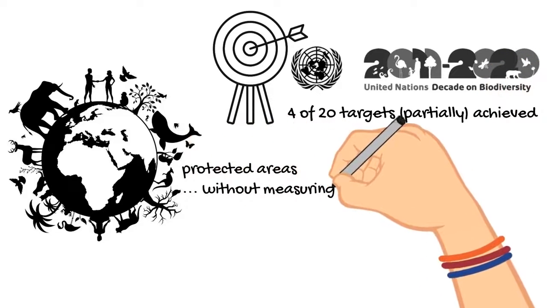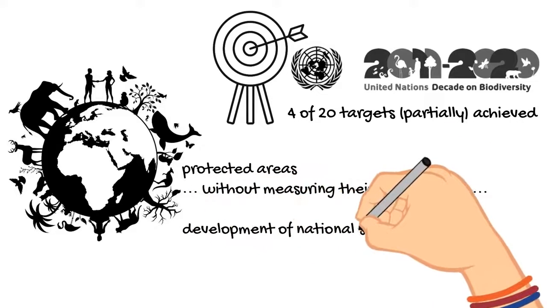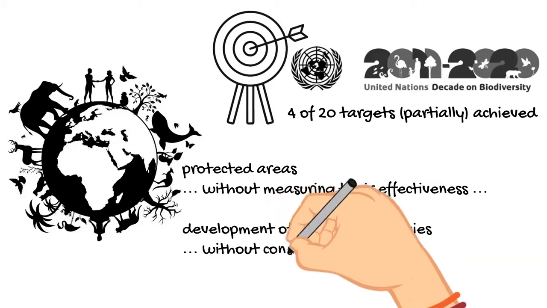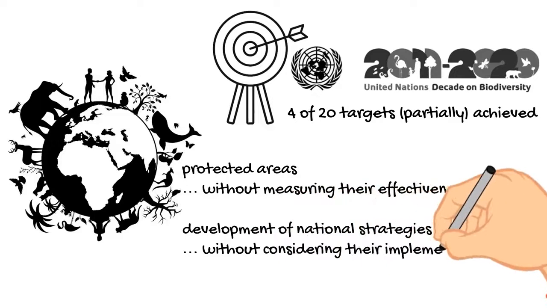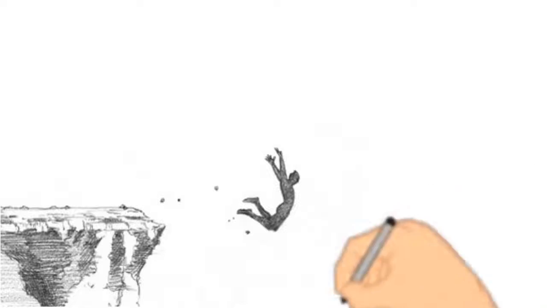New national biodiversity strategies were developed, but without considering their implementation yet. It can become rather depressing at some point. And one could come to the conclusion we are willingly jumping off a cliff.